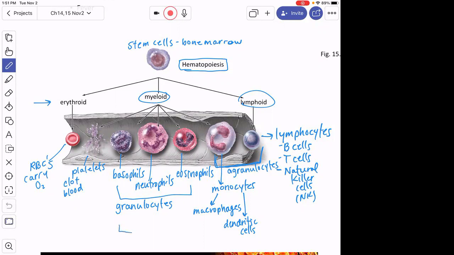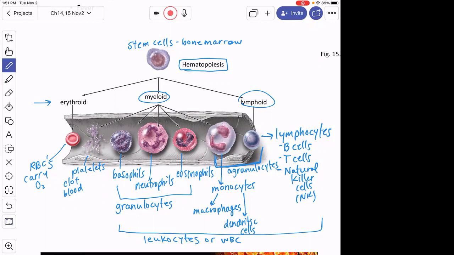All of the granulocytes and agranulocytes are also called leukocytes or white blood cells. We've got a couple different names for those. So it's a lot to keep track of, all the different cells that are made there, but we're going to look at them one by one so that we can keep track of them a little better.